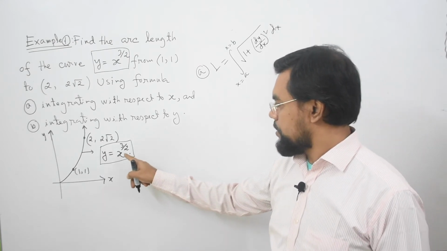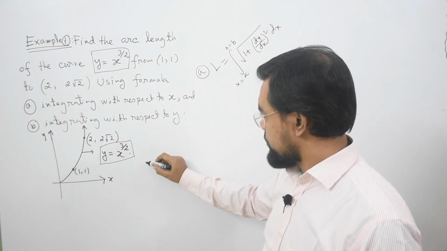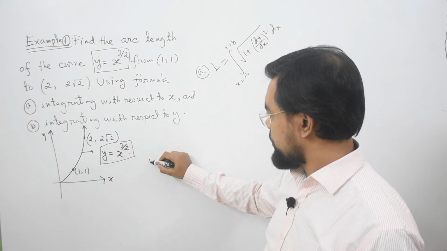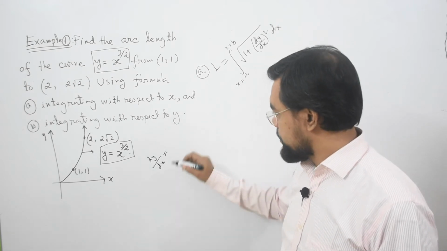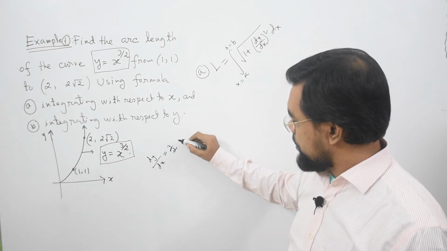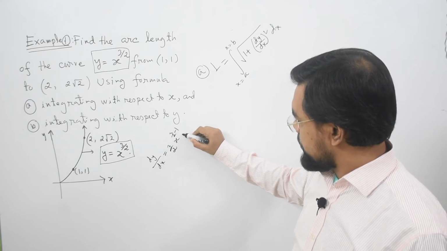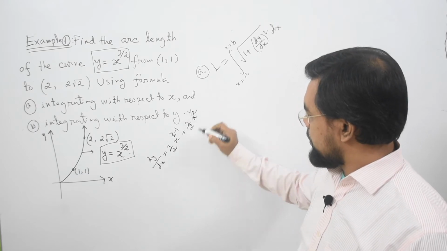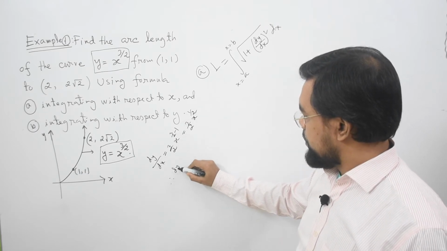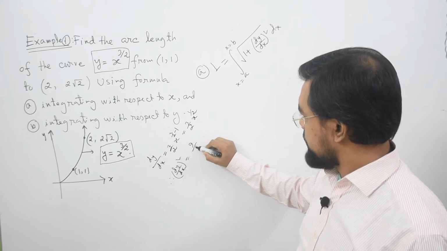So here our function is y equals x to the power 3/2, therefore dy/dx will be 3/2 x to the power 3/2 minus 1, which is equal to 3/2 x to the power 1/2. Therefore (dy/dx) squared is equal to 9/4 x.